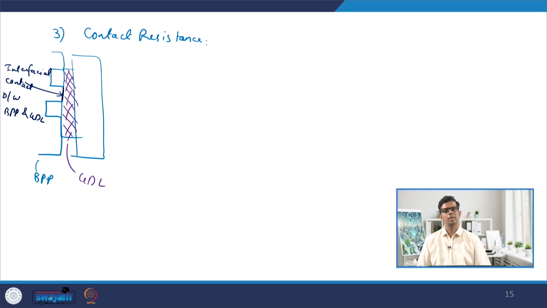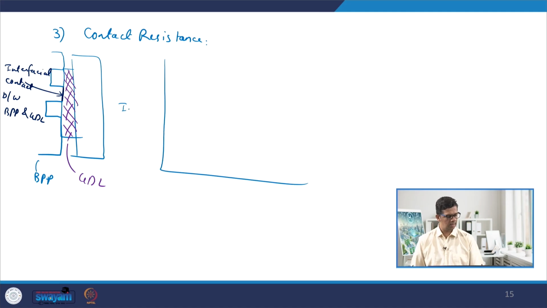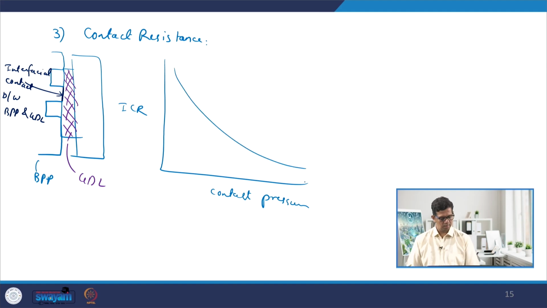At some places this contact pressure will be less, and if we look at the interfacial contact resistance with respect to contact pressure, this goes exponentially down. So, if the contact is better between the gas diffusion layer and the bipolar plate, we will have a very low contact resistance at this interface.